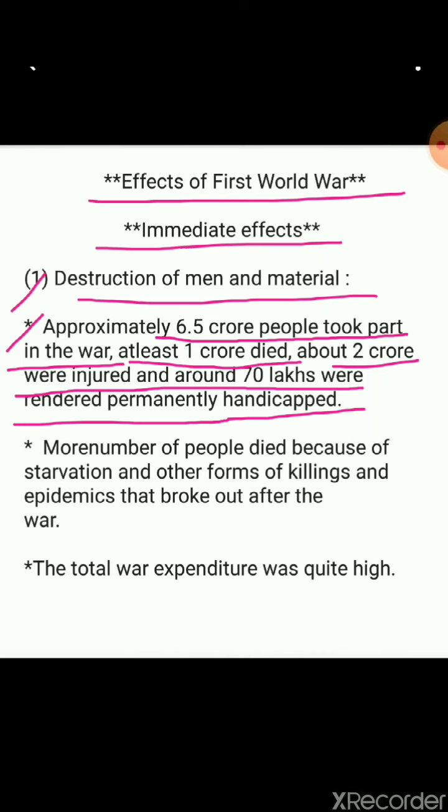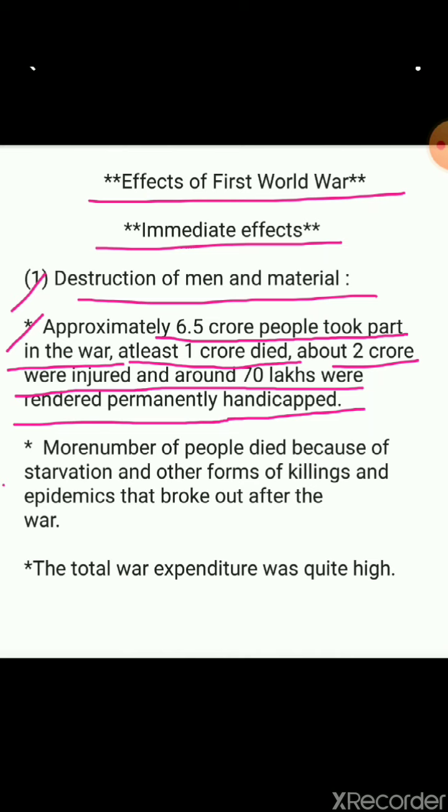So 2 crore people were injured, 1 crore people died, and 6.5 crore participated in the war. Students, this may come as an objective question for 1 mark.